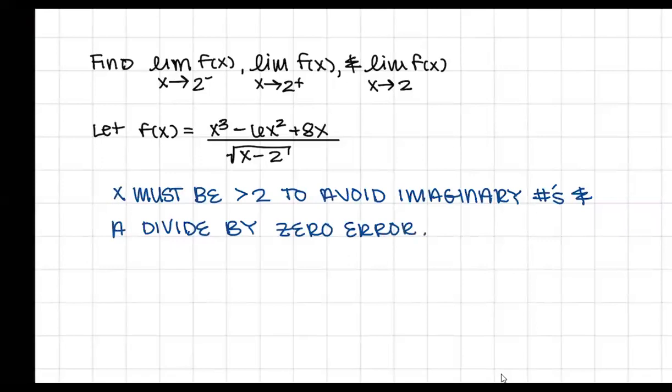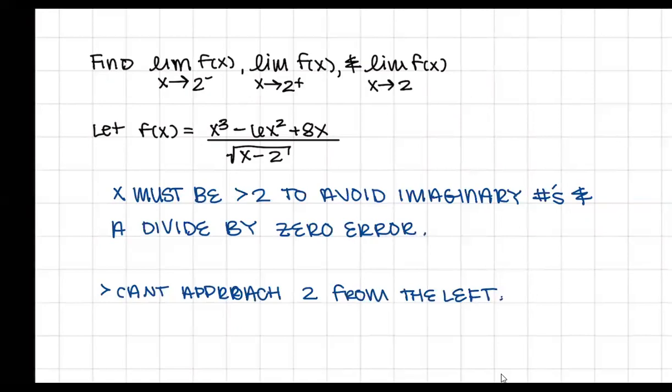So automatically we know that we can't approach 2 from the left-hand side because all of our values have to be greater than 2. So we can't approach 2 from the left.